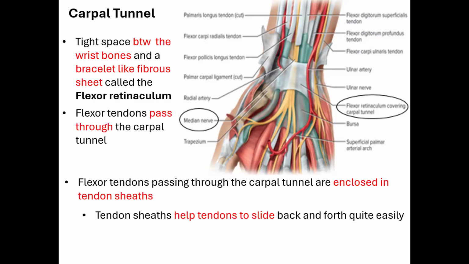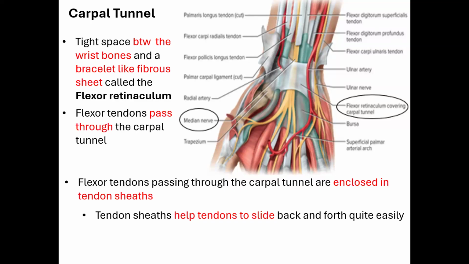Between the carpal bones and a sheet called the flexor retinaculum. So here we have the flexor retinaculum. So this is like a bracelet, and inside you have the bones. So imagine there are bones inside and there's a bracelet outside, surrounding it.